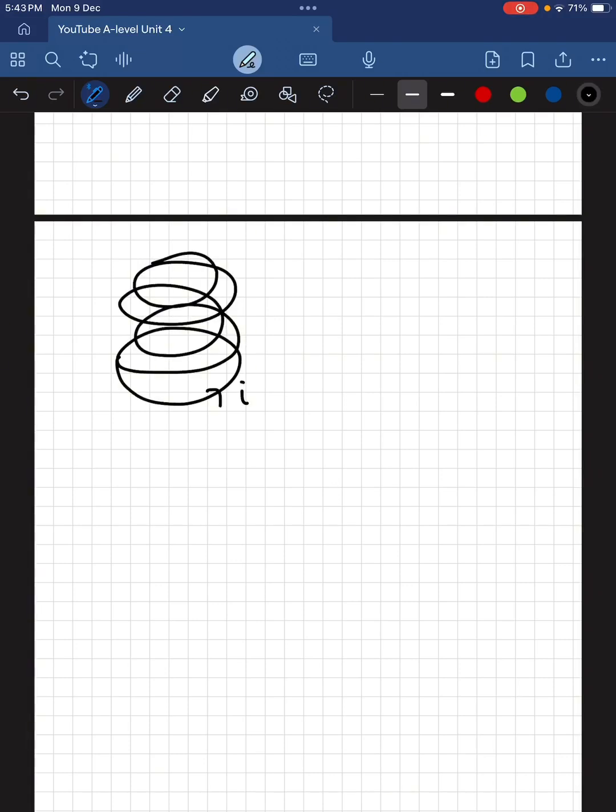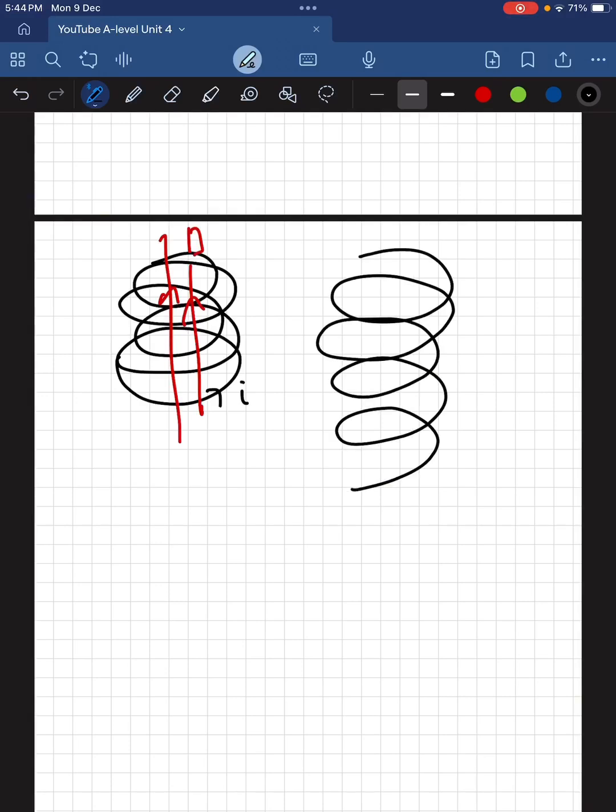Now we curl our fingers in the direction of I, and B is in the direction where our thumb points. So B goes up in this coil. If we have a coil that goes this way and the current goes down, and we curl our fingers in the direction of I, then our thumb points in the direction of B, therefore B is downwards.